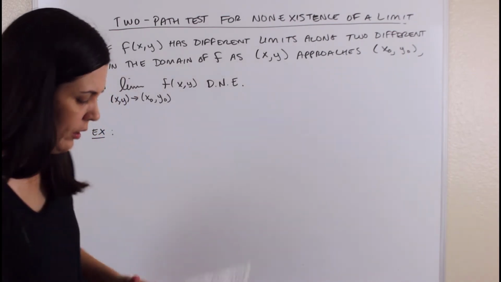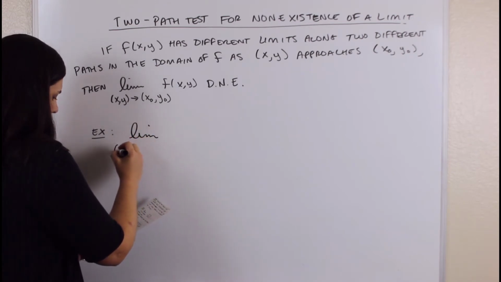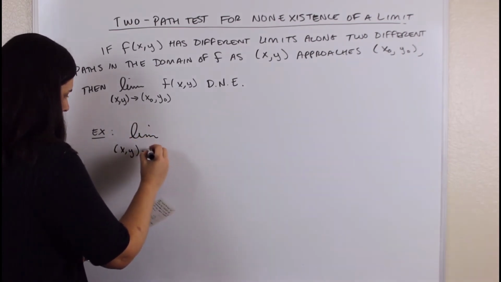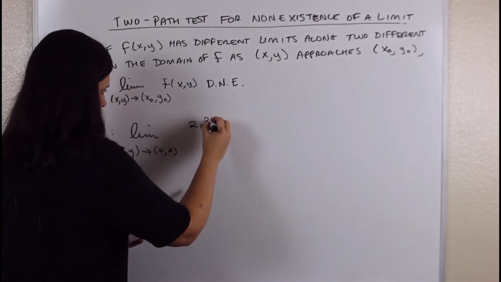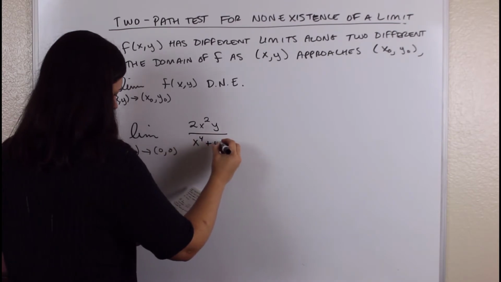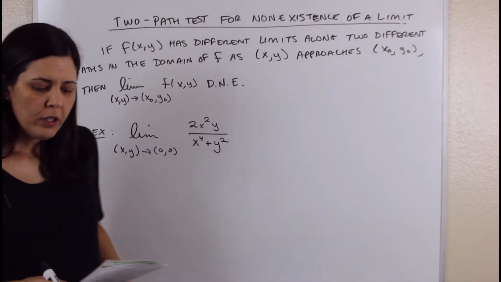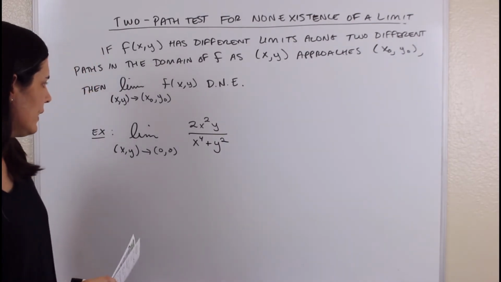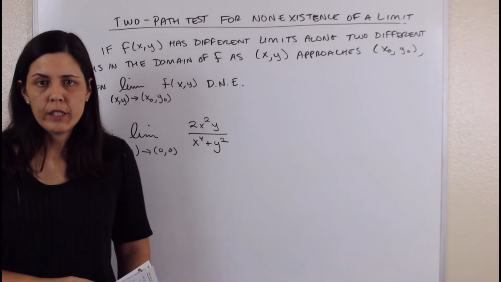And so we have the following limit: the limit as (x, y) approaches (0, 0) of 2x squared y over x to the 4th plus y squared. Okay, so what I want to know is, does this limit exist? If I plug in 0, 0, it's going to be undefined.